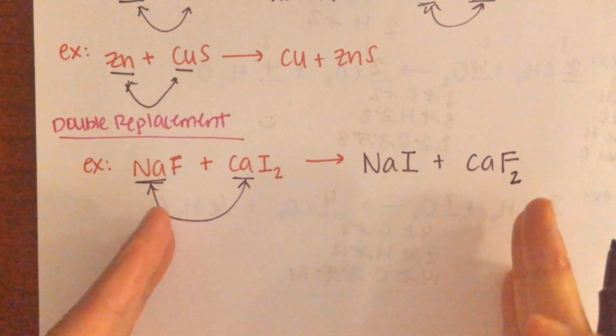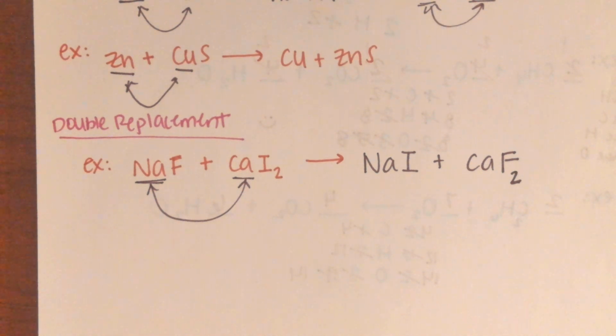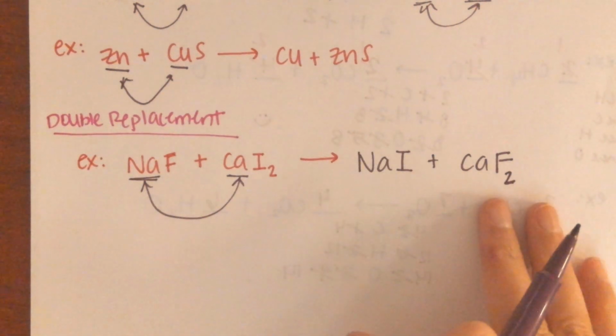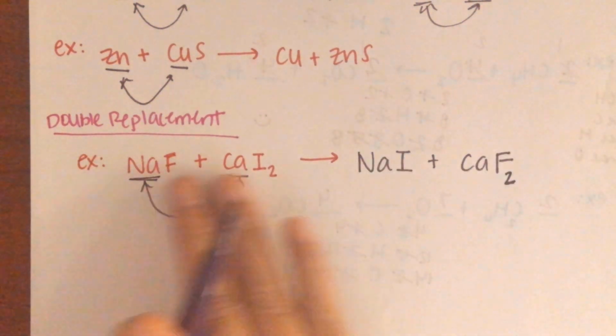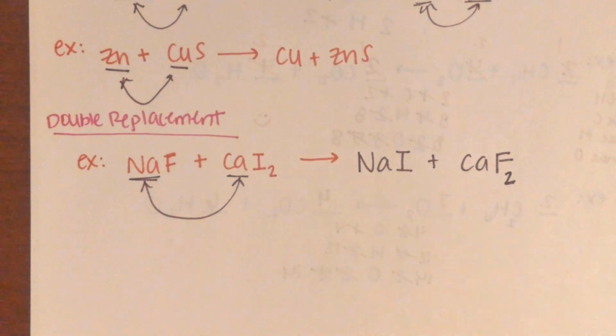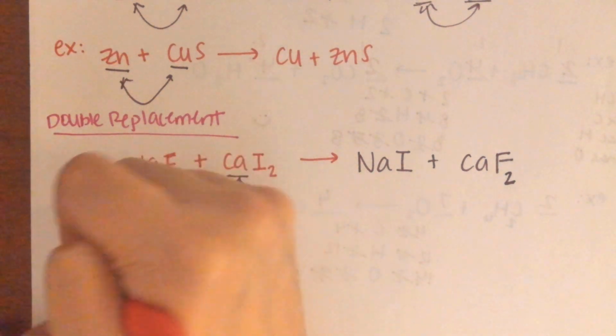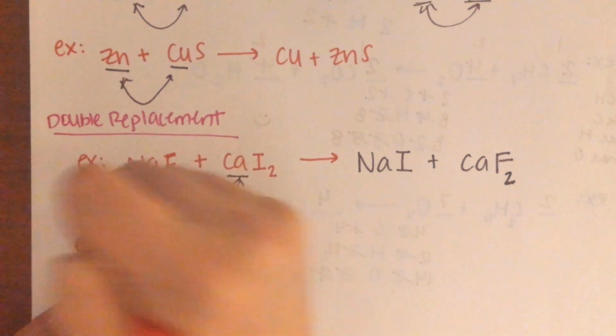But that is pretty much it with predicting products of double replacement. And I don't think for your exam you're going to have to balance this, just predicting products. Balancing is balancing, predicting products is just predicting products. Okay? Let me give you one more.